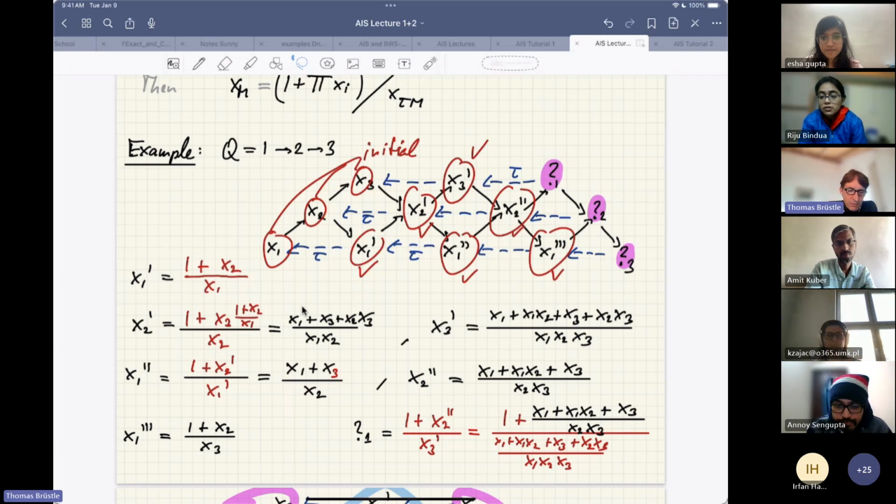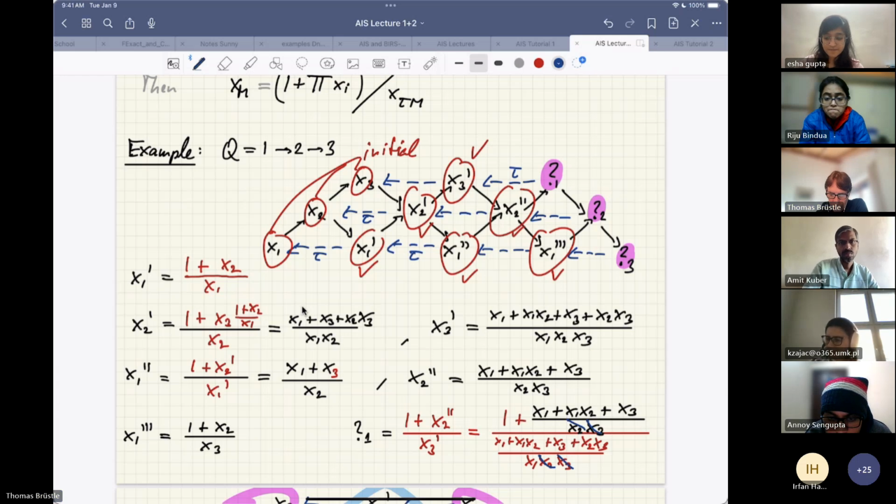So hopefully we can simplify that expression. I can cancel out the x2s here. I can cancel out the x3s here. And what do I get? I bring this onto a common denominator upstairs.